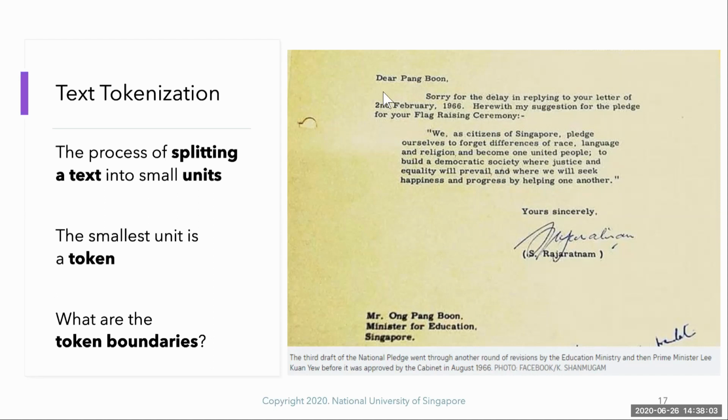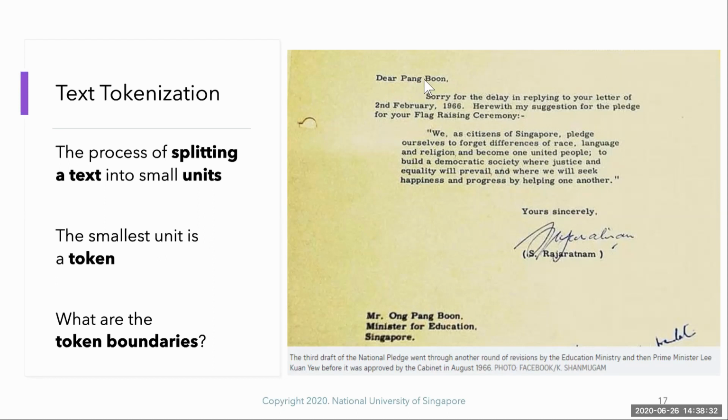If I want to tokenize this text, let's say I am able to read this into my computer as a text file, I can tokenize it by words. My first token will be dear, second word will be Pang, third Boon, fourth word will be sorry, and all that. So I will split it by space and by punctuation into chunks. That is the process of starting to process the text.